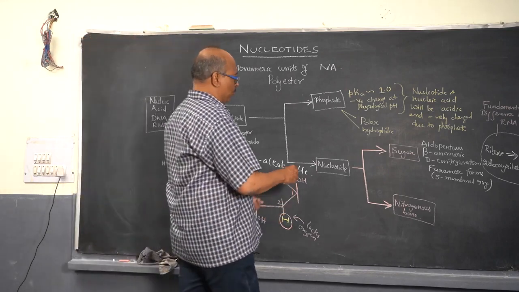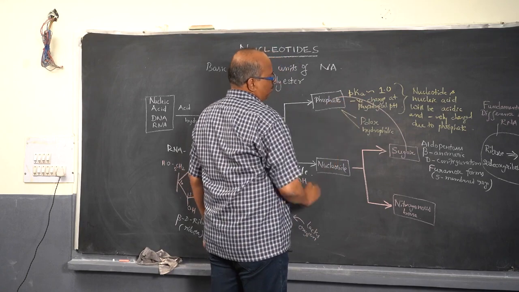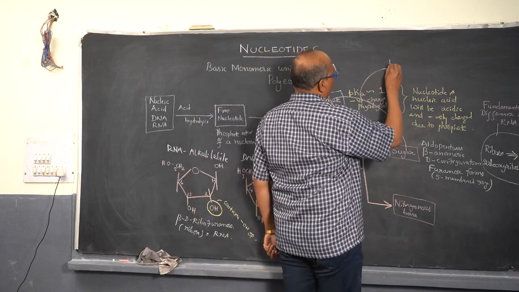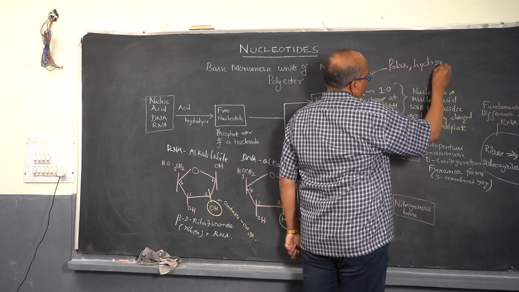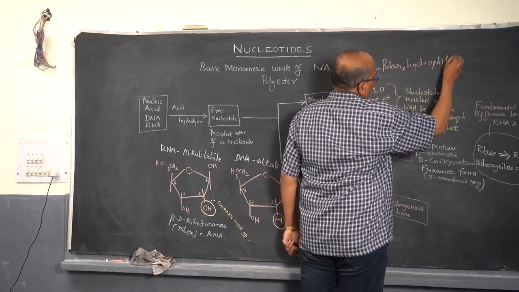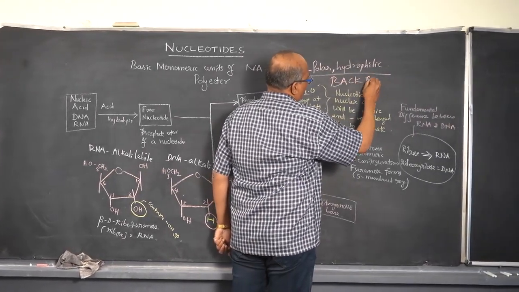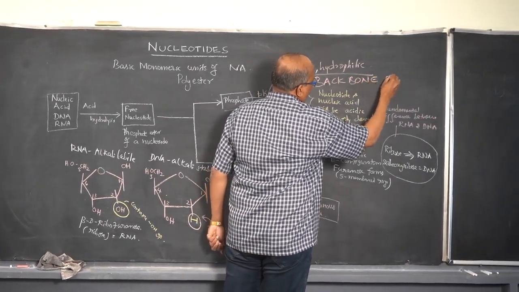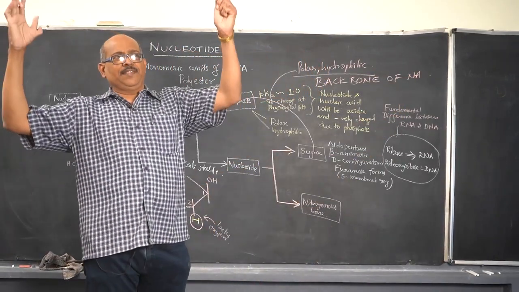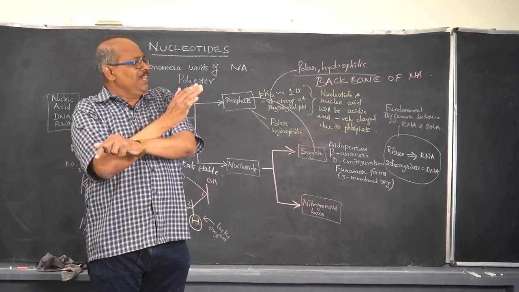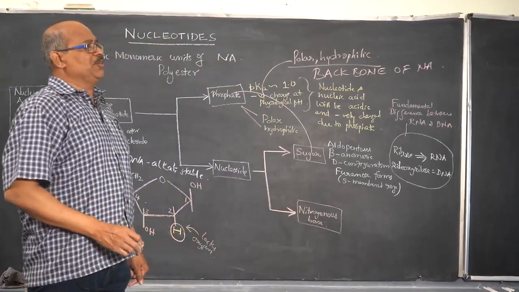Now these 2 components, the sugar and the phosphate, which are polar and hydrophilic, form the backbone of a nucleic acid. So they will be present on the outside. On the inside, you will have the nitrogenous bases, which are hydrophobic.